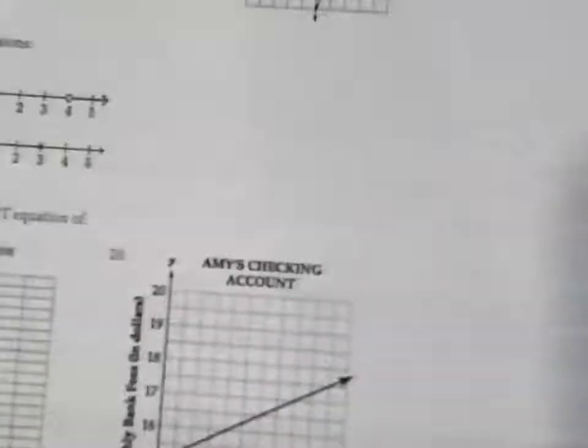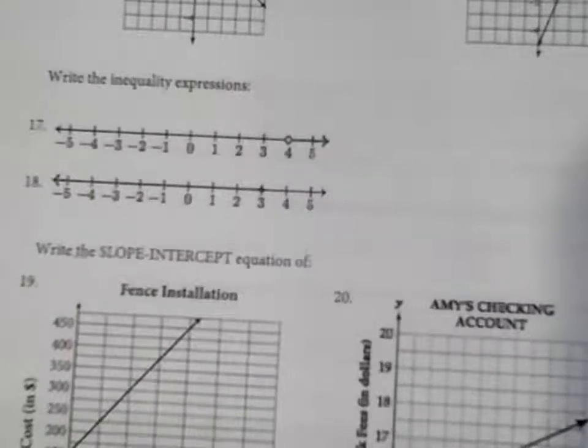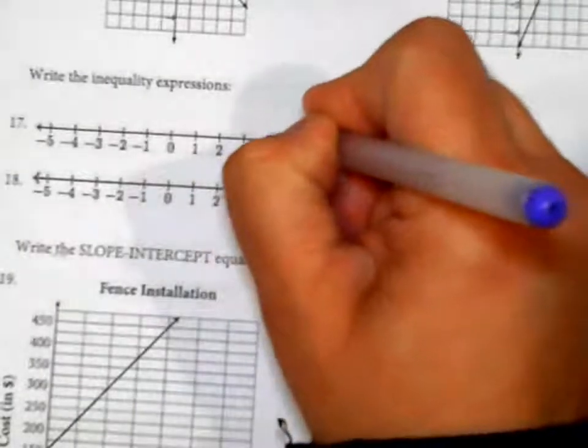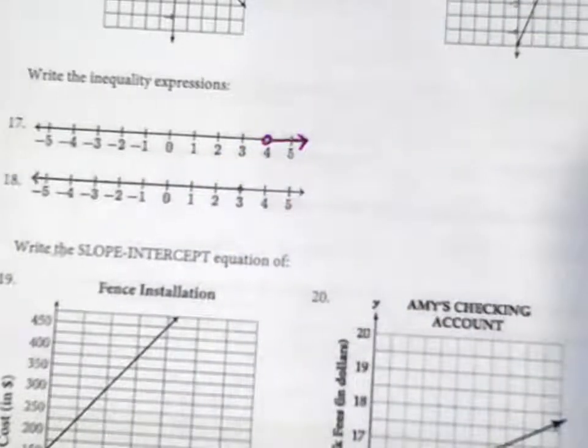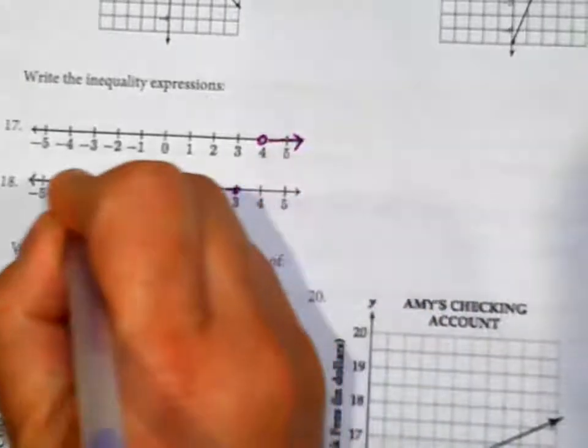So I'm going to zoom in real quick so you can see this. This is writing an inequality from a graph. If you don't have this at home, you can send me an email right now and I will scan this and send it to you. But let me just draw this in so you can see what we've got here.